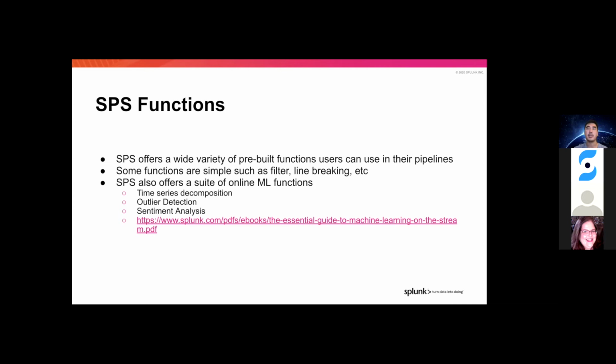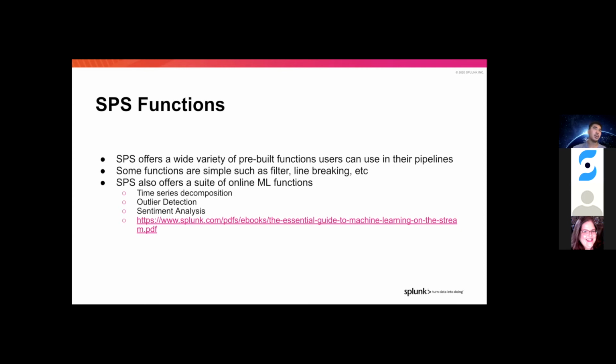We want users to just leverage already pre-built functions to satisfy their use cases. We definitely have a lot of simple functions like filter, line breaking, and the gamut of simple functions that you can imagine to do simple things.